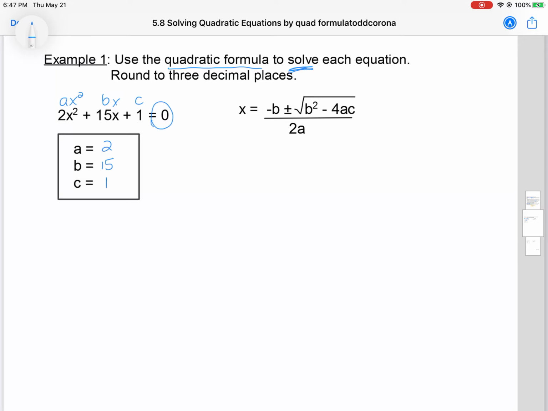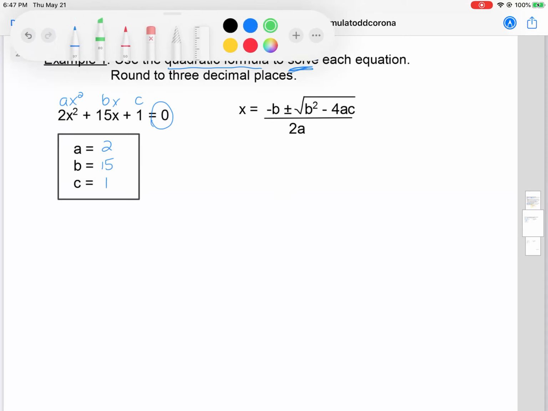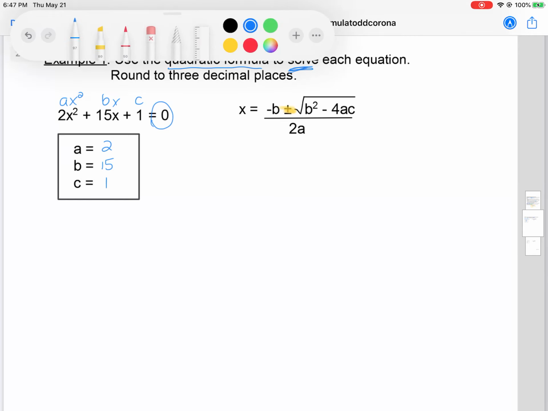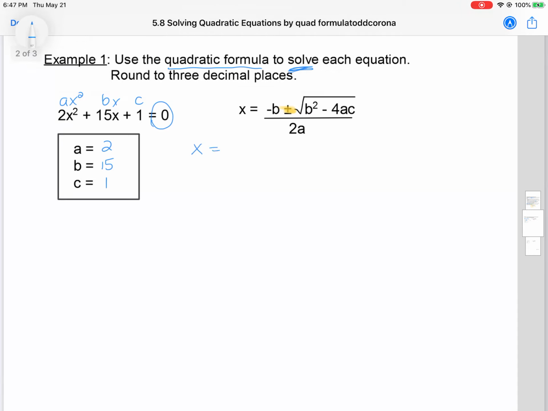Just like we did yesterday, we're going to find two values where this equation is true. And you'll notice here that you're going to square root. And whenever you square root, there's always a plus and a minus value, right? So we're going to consider the positive value and the negative value.